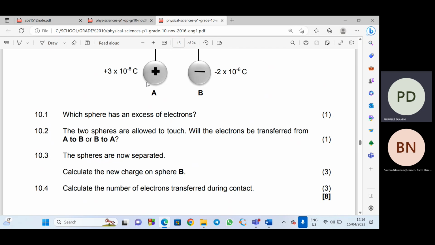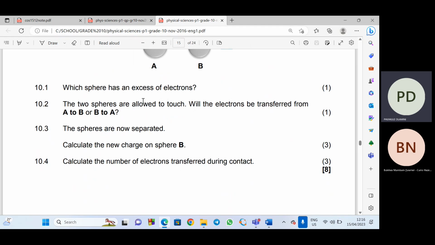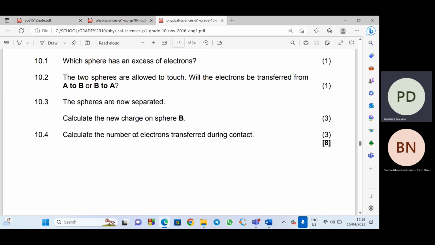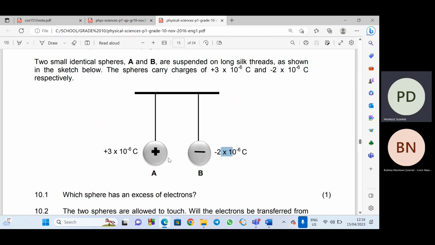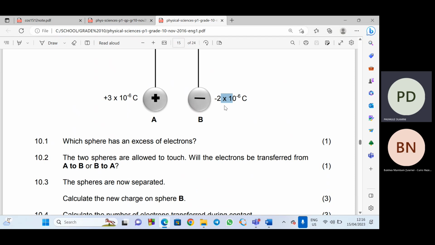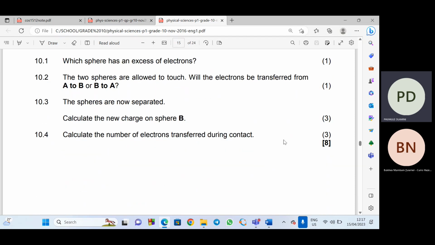You combine the two charges, this amount plus that one, and that gives you the new charge. Calculate the number of electrons transferred during contact. The charge transferred is going to be negative 2 times 10 to the power 6, because it is transferred to the other one.